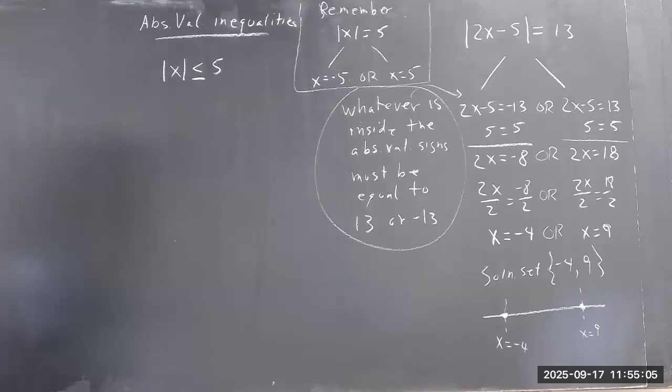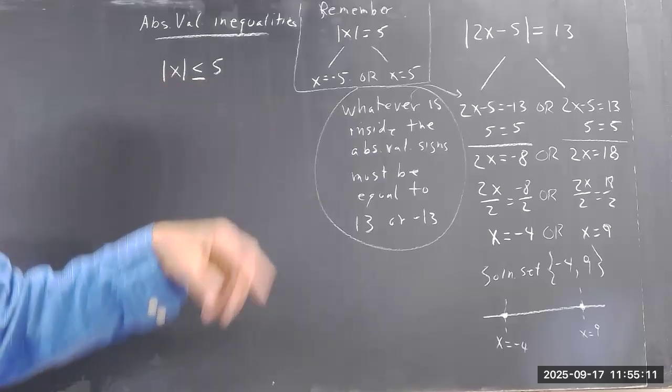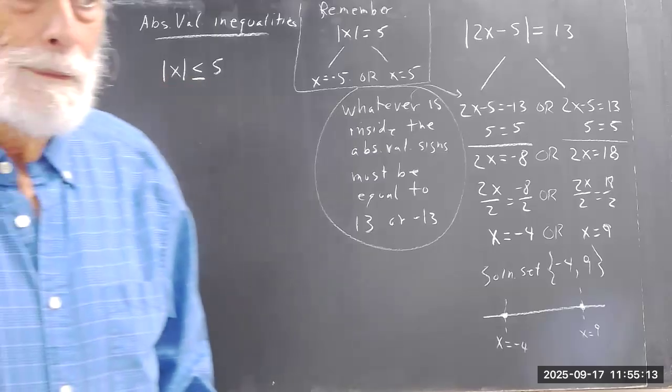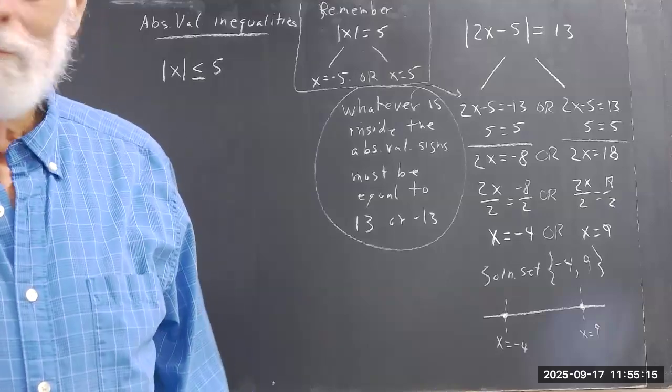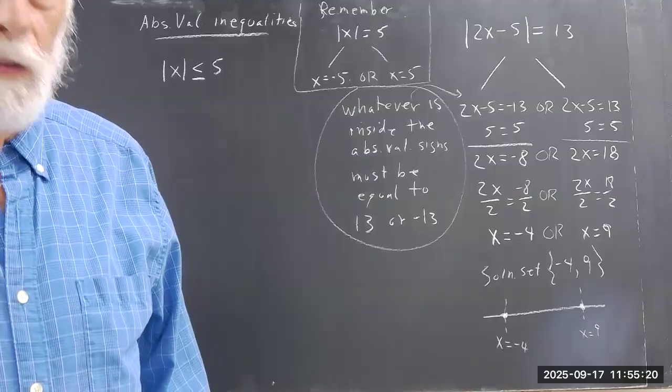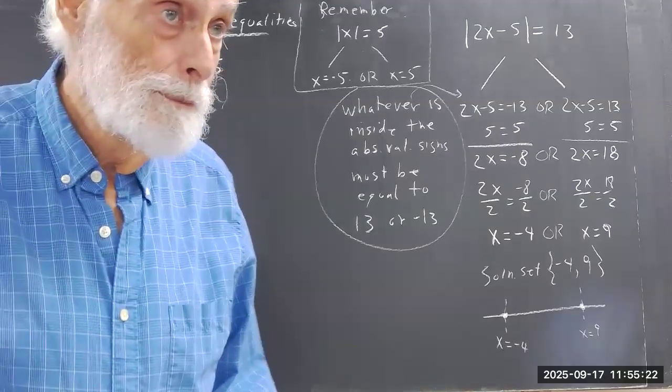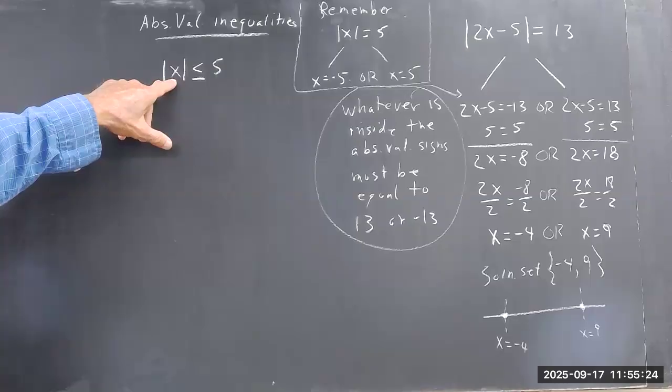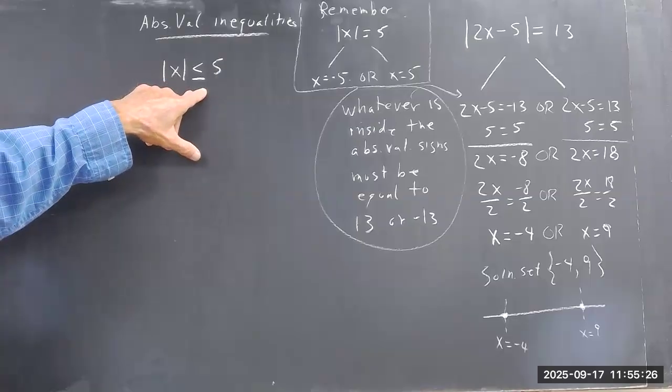Can everybody give me a number with their fingers that makes this true? Okay, 5 makes it true. We're sure about that. A number other than 5. Does 0 make it true? Is the absolute value of 0 less than or equal to 5?